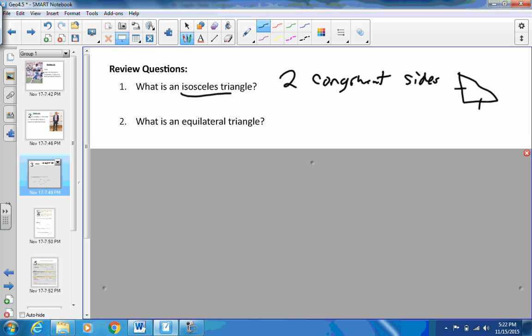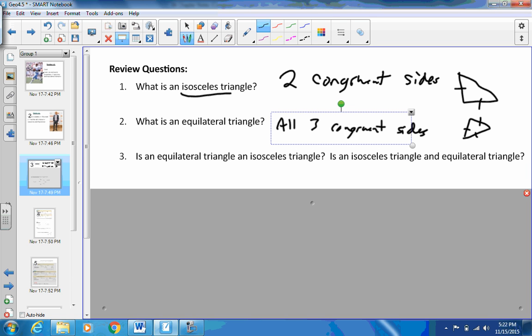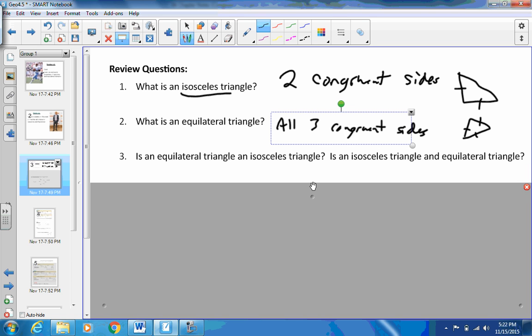Now what is an equilateral triangle? Well, that's when you have all three sides congruent. So you can draw one like this, one like that. Close enough. All three sides are congruent in an equilateral triangle. The third question: is an equilateral triangle an isosceles triangle? And the last one: is an isosceles triangle an equilateral triangle?